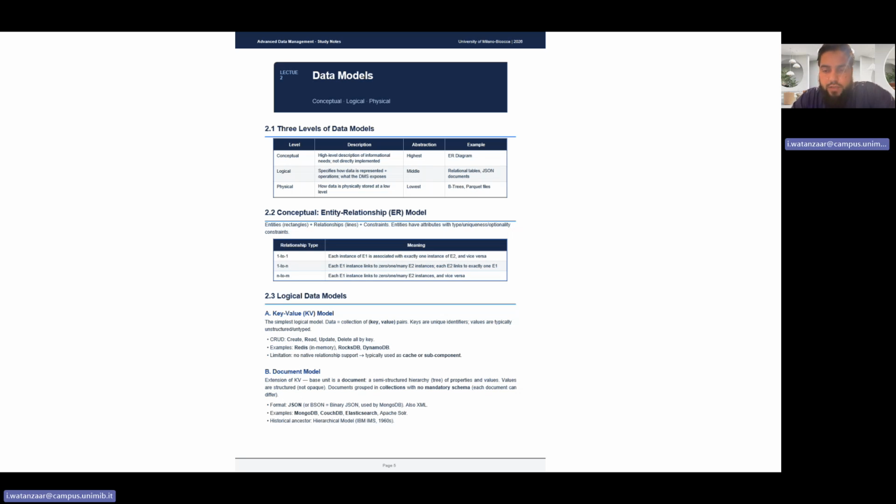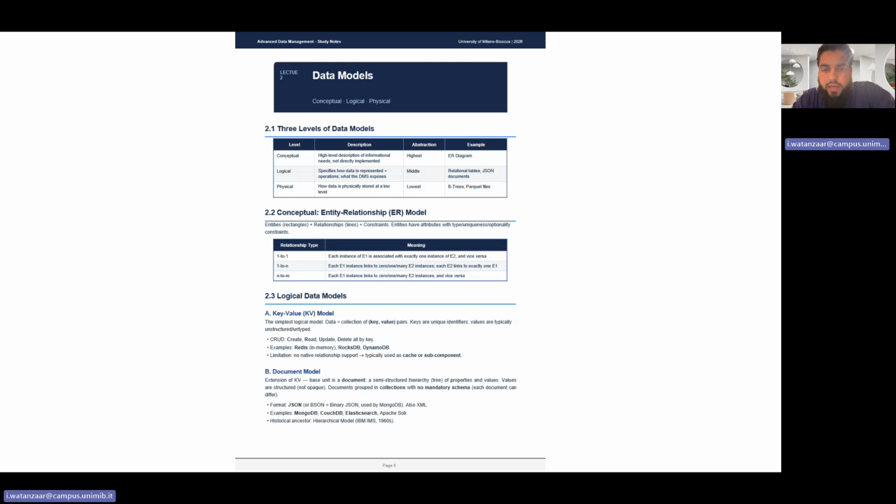Based on this key value model, we now introduce the document model, which is an extension of the key value model. The base unit here is a document. In the previous model the base was data, equivalent to a collection, and the values were unstructured and untyped. Here it is a semi-structured hierarchy tree of properties and values.